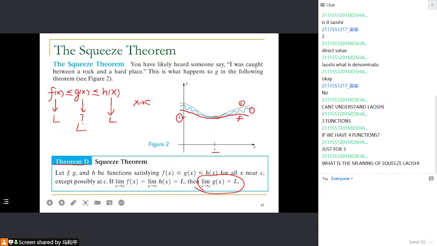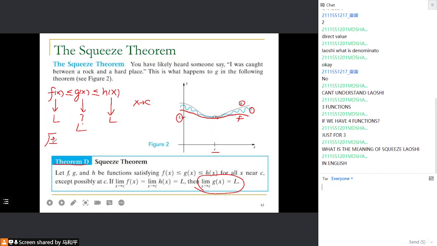Maybe you should use a translator. If I translate it into Chinese, this is 压缩. In English, it's just squeeze. I don't know how to translate this word, maybe you can translate it in your language.